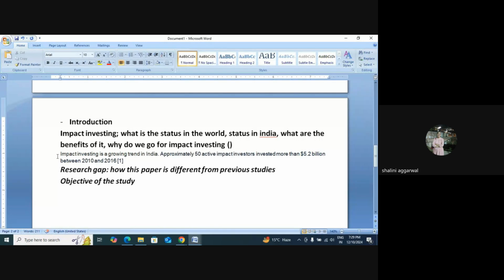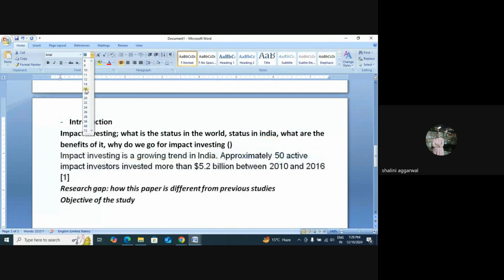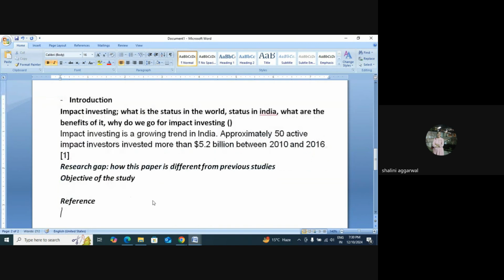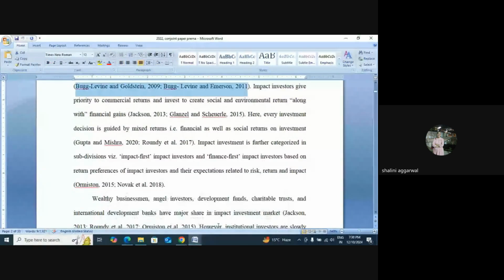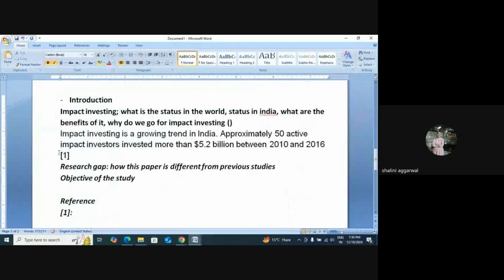That's what I'm saying. Look at this, I have given it also. It is written here. Look at this, there is a one over here. And in the reference, what you will find is here: in brackets, one, and here everything will be given, the name and all that. In the reference it will be given, but the in-text citation will be like this, a number.